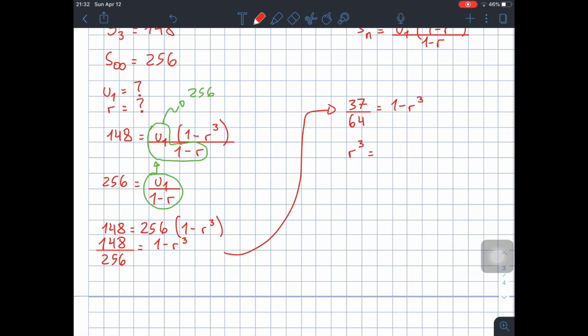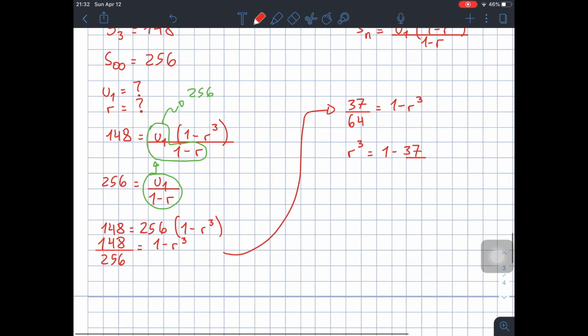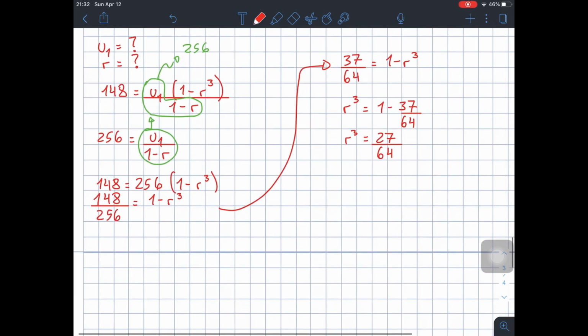This would be r cubed equals 1 minus 37 over 64, which is 27 over 64. And if we take the cubic root on both sides, we would do cubic root of r cubed equals the cubic root of 27 over 64. In this case, the cubic root must affect all. Cubic root, there you go.